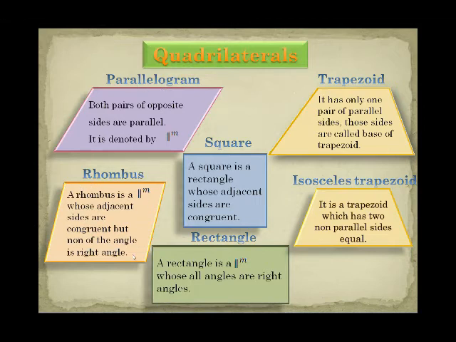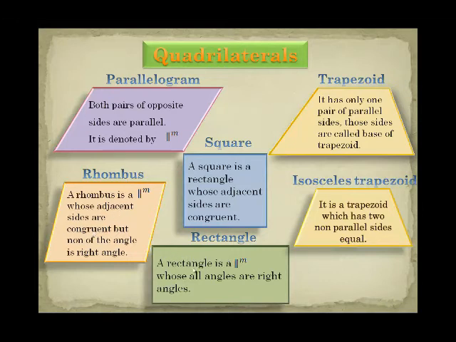In a rhombus, all the four sides are congruent. As you see from this figure, all the four sides are congruent. So we say that it is a kind of parallelogram. A rhombus is a parallelogram whose adjacent sides are congruent, but none of the angles is a right angle. In a rhombus, none of the angles makes a right angle. So such a kind of parallelogram is called a rhombus, in which all the sides are congruent.